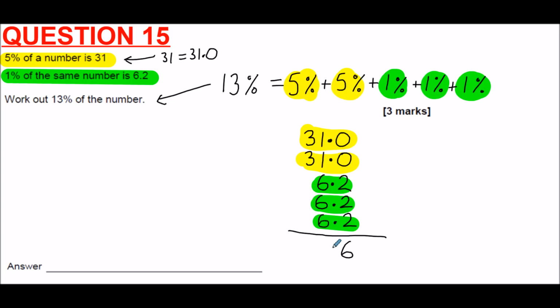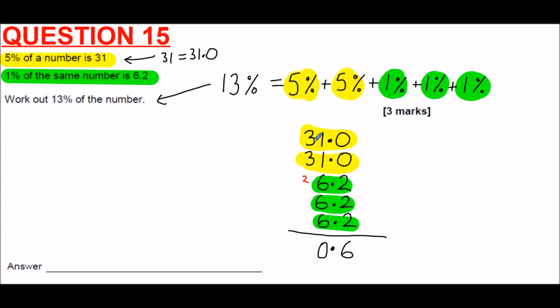Make sure the dots line up at the bottom as well. Now we've got 1 plus 1 is 2, plus 6 is 8. 8 plus another 6 is 14, and 14 plus this final 6 is 20. And so we put down a 0, and we need to carry the 2 over.